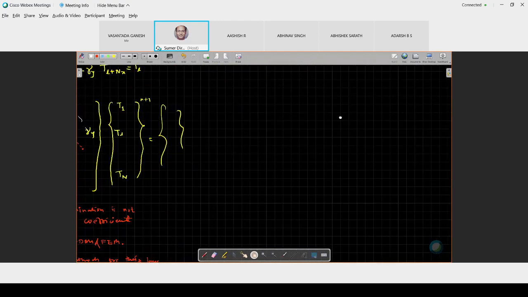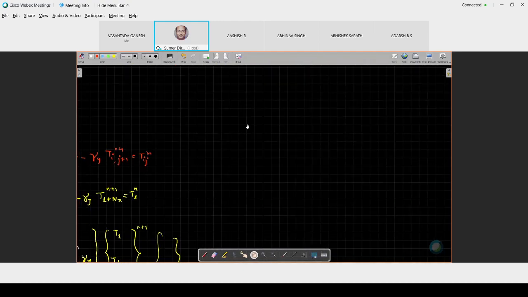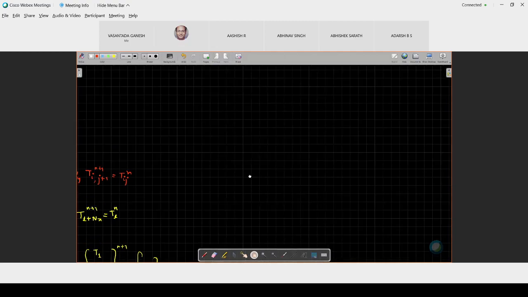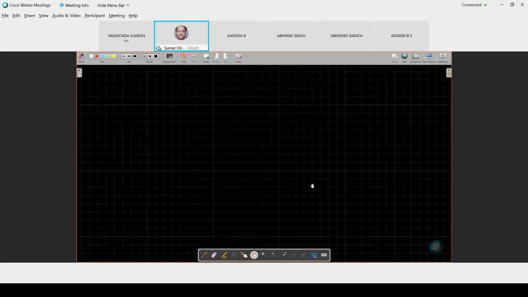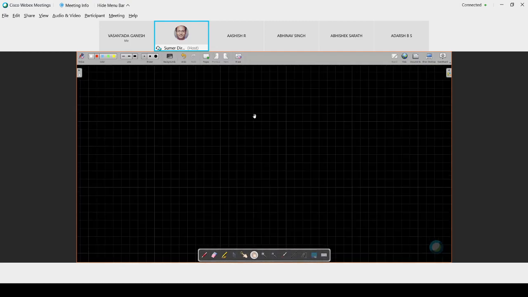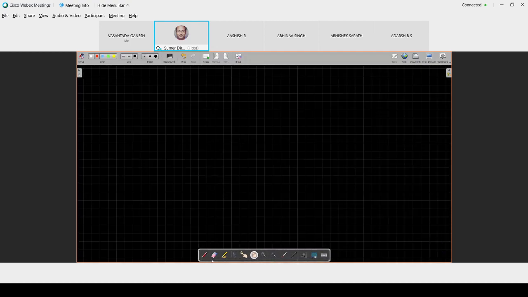So what is the fundamental of iterative methods? What do we do in an iterative method? I'll just talk about the fundamentals of iterative methods.